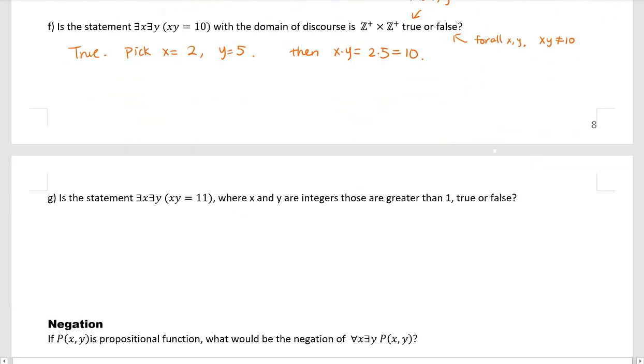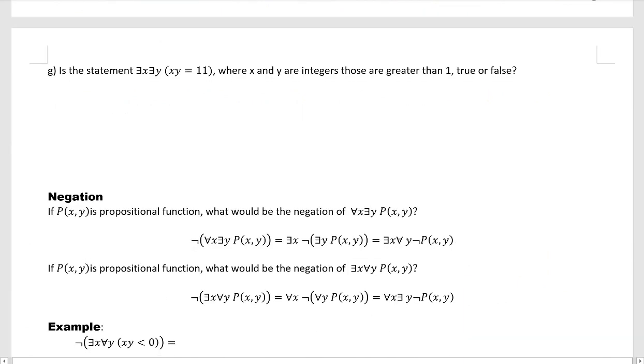Okay, let's continue. Is the statement there is an x, there is a y, x times y equals 11, where x and y are integers greater than 1, true or false? Well, think about the positive integer divisors of 11. Well, 11 is a prime number.